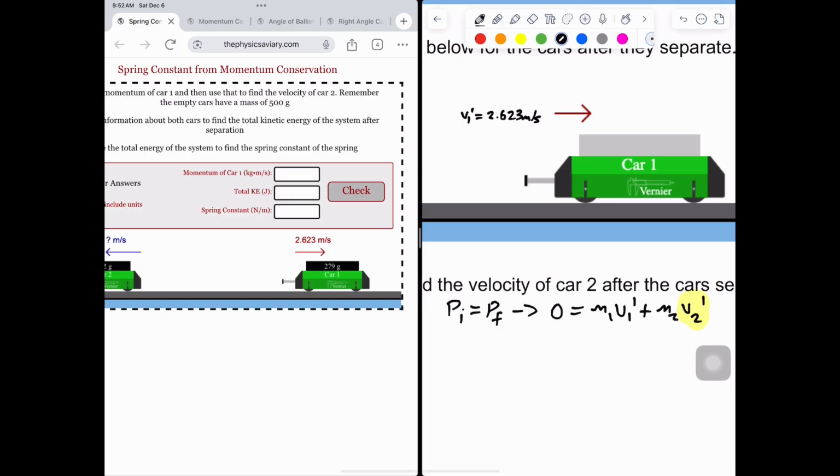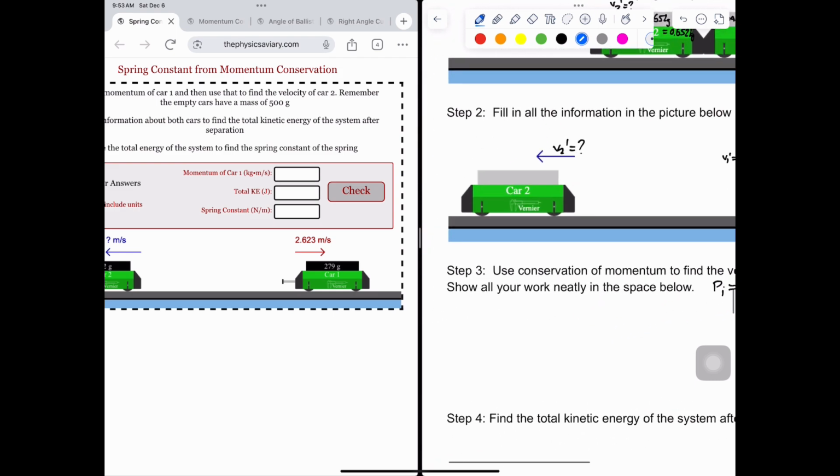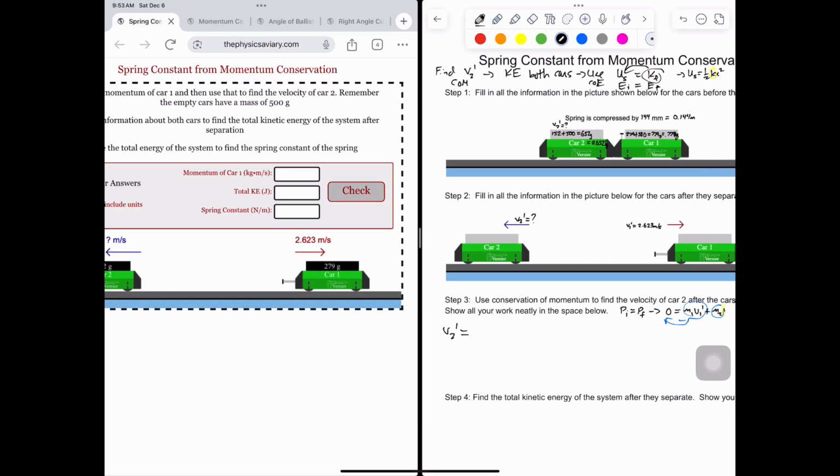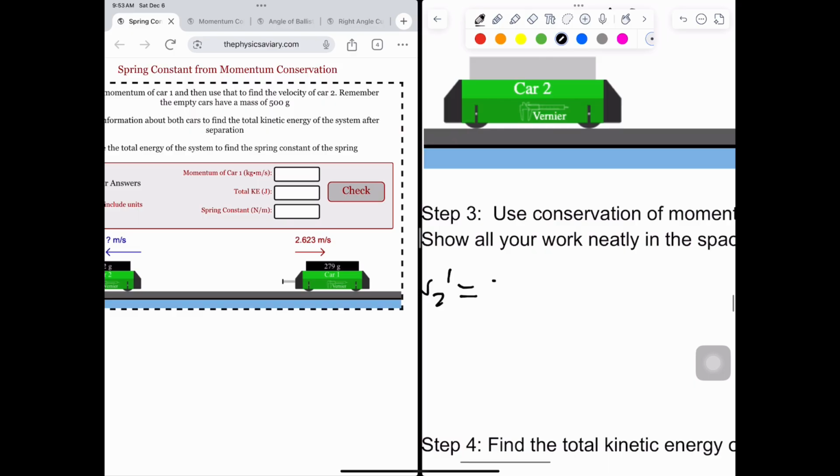Okay, now in order to do that, you can see we're going to have to subtract this, right? And then divide by this. So v2 prime is going to be equal to negative m1 v1 prime divided by m2.